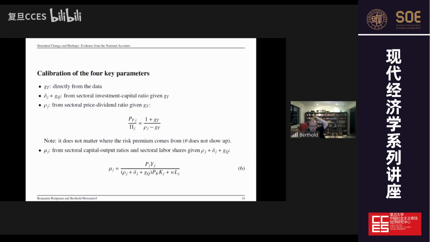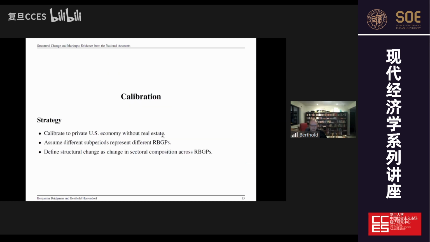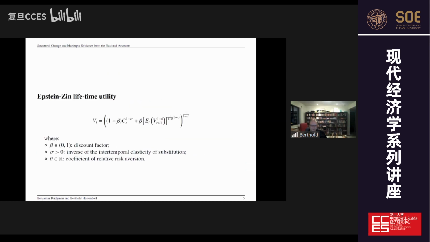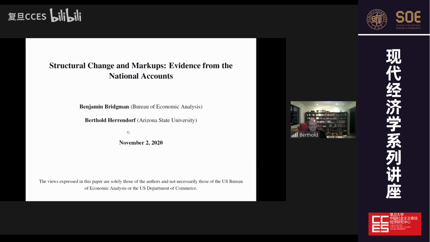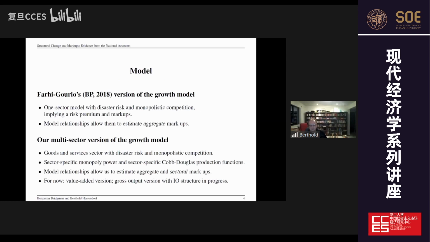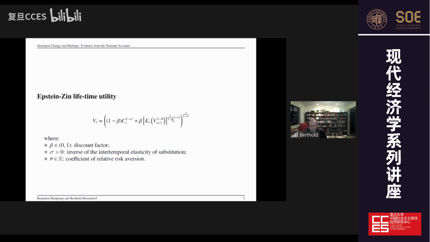Now, notice one really cool thing that sold me on that approach. And by the way, I'm just basically doing Farigurio at the sector level, so I didn't invent that. But one thing that really sold me, when I went to the beginning and said we're using this Epstein-Zin, you can separate sigma from theta. One is intertemporal elasticity, the other one is risk aversion, gives rise to risk premium, all good and fine.